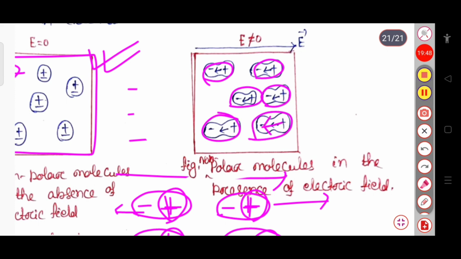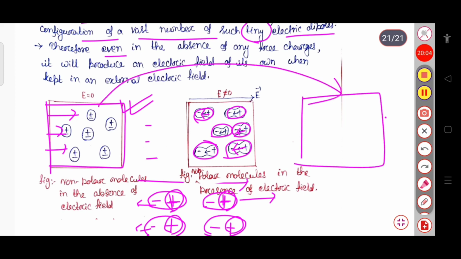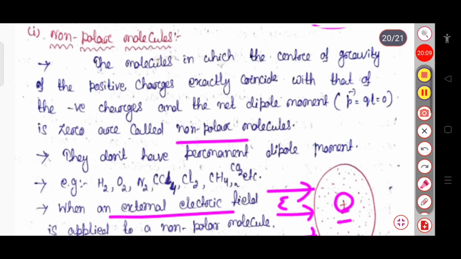These are the electric fields of these dipoles. But when we remove this electric field, they will again come back to their original configuration like this. So basically what I mean to say is that the non-polar molecules don't have any permanent dipole moment.